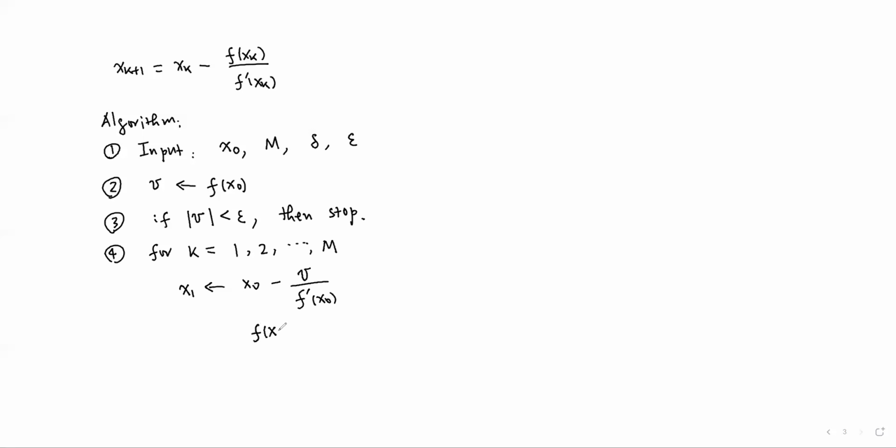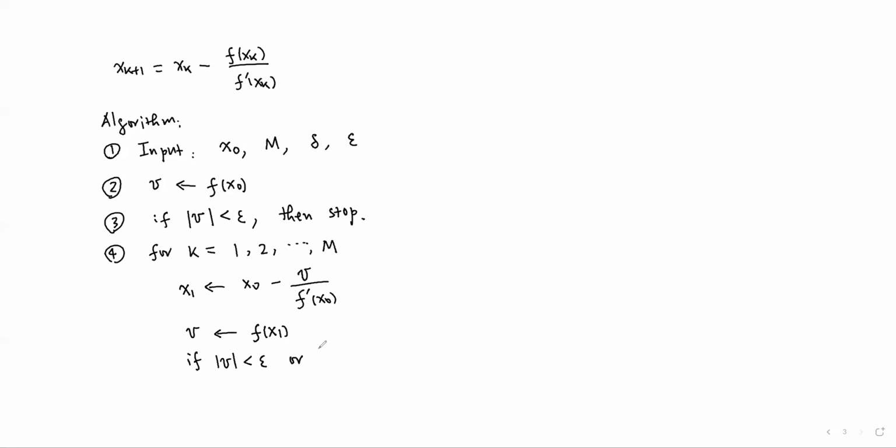Evaluate the function value at x1, then store it in v. Okay. So the old value in v is overwritten. Okay, now if the absolute value of v is small enough, then we consider x1 to be the root.